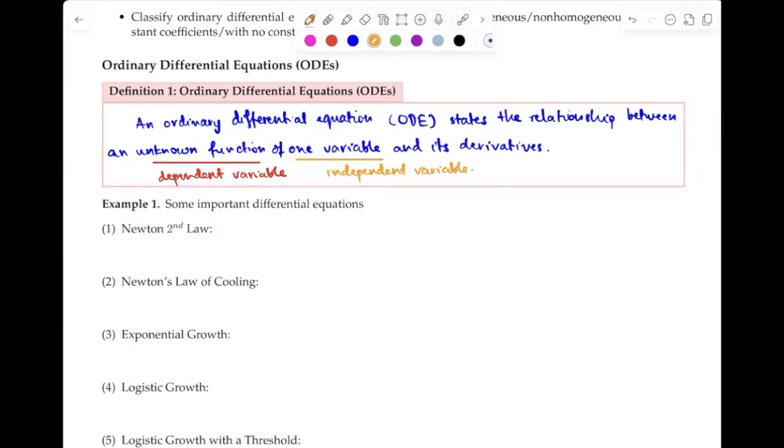Now, some of the important differential equations that you may have encountered before. The first one is the very famous Newton's second law. That is the total force equal to mass times acceleration. And you see that there is no derivative involved in this equation. But remember, acceleration can be written as the second derivative of the position function. So in a way, F equals ma can be written as m times x double prime, where x is the position function and a is the acceleration function.